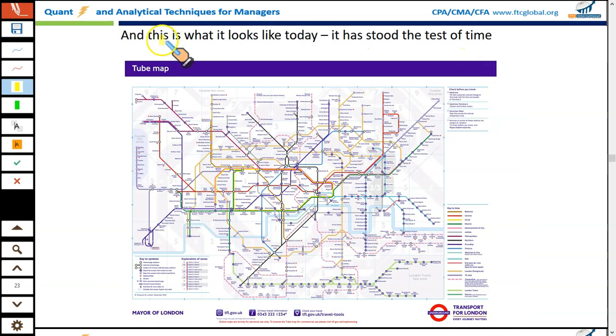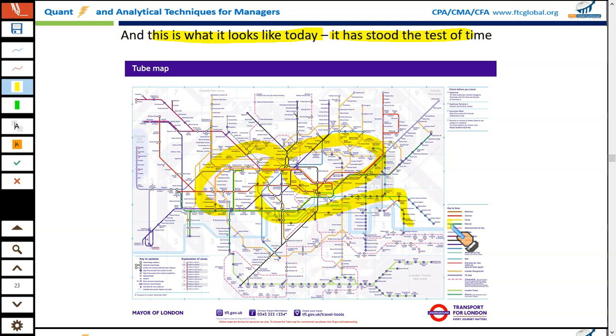And yes, this is what it looks like today. It has stood the test of time. This is the current London Underground map, which builds on Beck's design principles. It further simplifies and stylizes the network to include more lines, more stations and updates. You can see it's much more clearly visible and more refined.